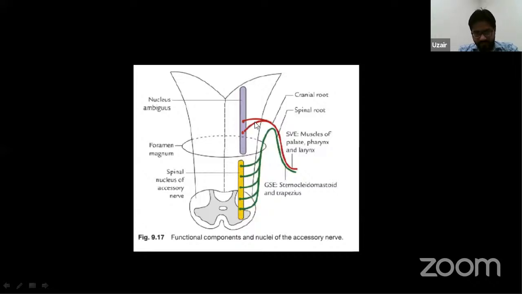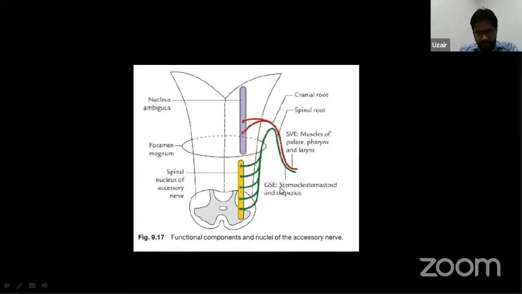And it comes in close proximity with the cranial part of the accessory nerve. So we can see it is mainly responsible for the general somatic efferent, like for the muscles that develop from the somites.